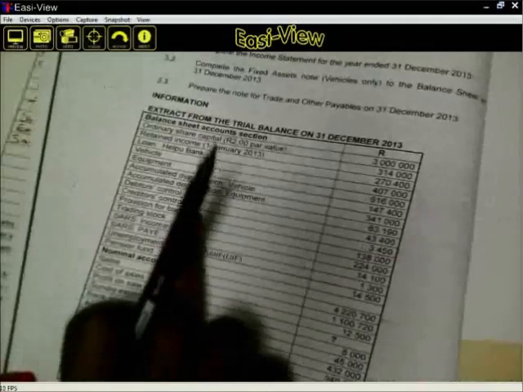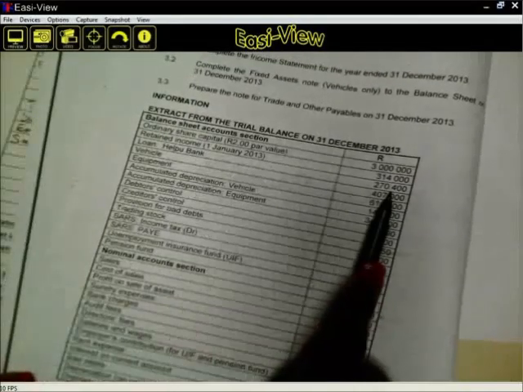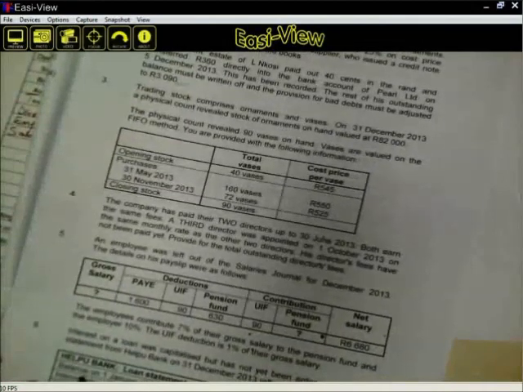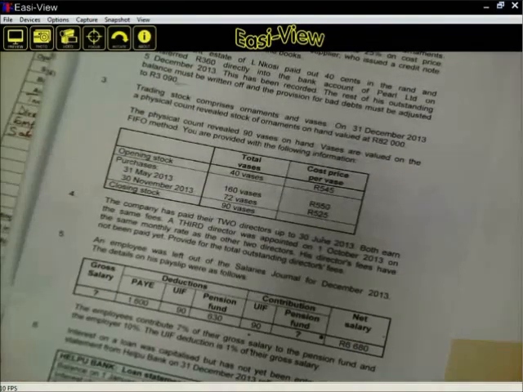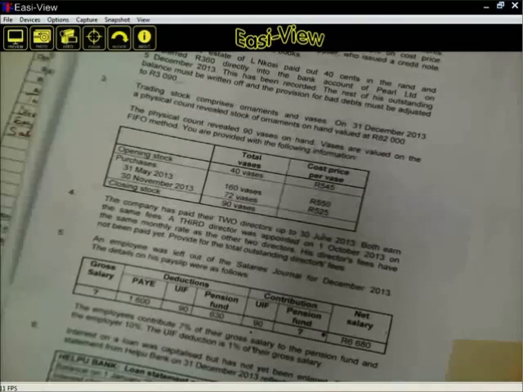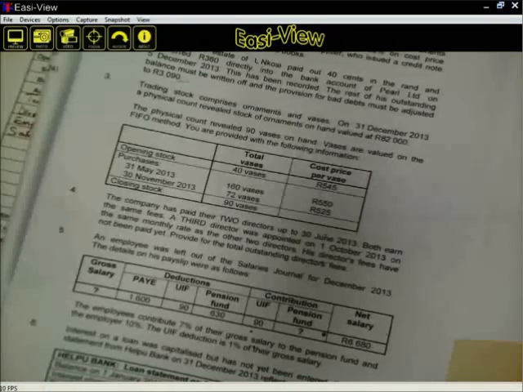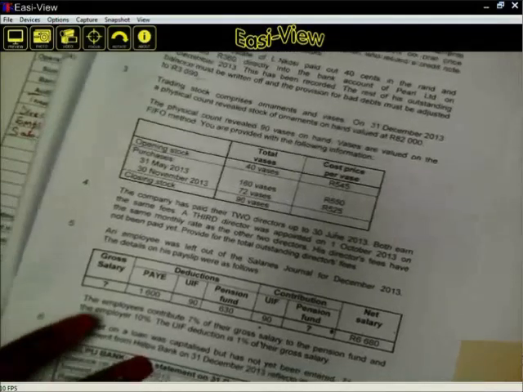That was our loan on the 31st December 2013. So when we come this side, we said balance was 320. How did it come that it's 320 yet on that side it's 200 and something? It means something has happened.